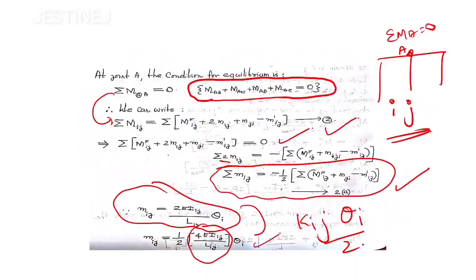Now we will move on to the last step, where you substitute those values: substitute equation 2a in equation number 5. So please observe equation number 5 and equation number 2a. Mij equals Kij by sigma Kij, then multiplied by this value.